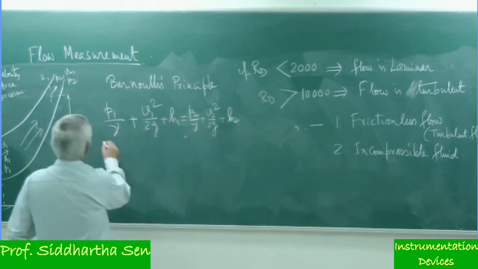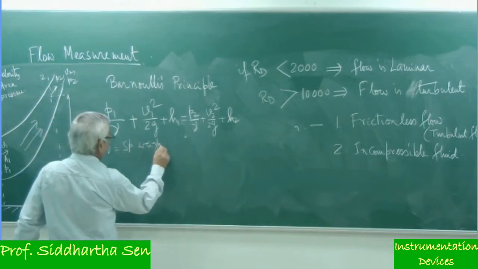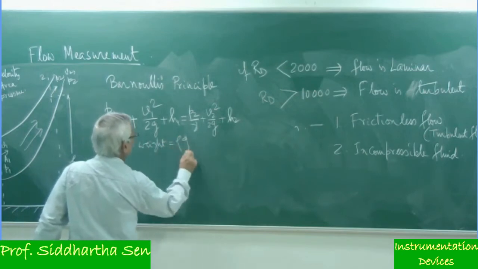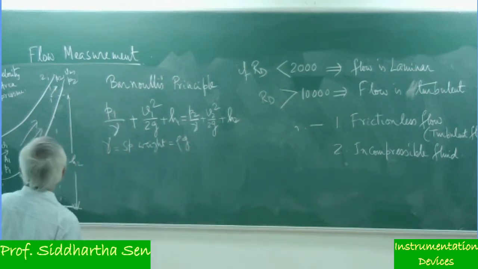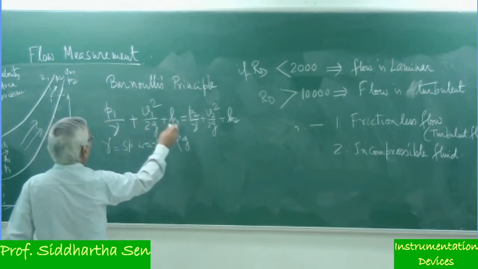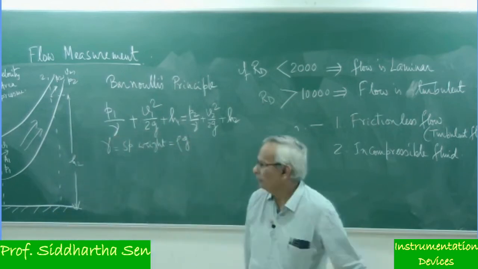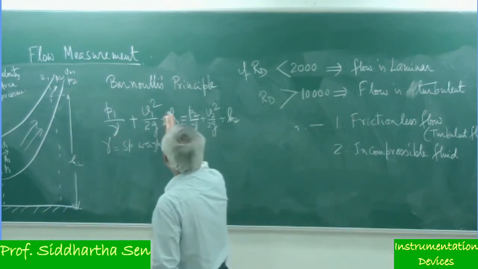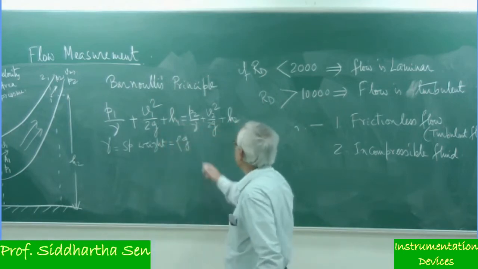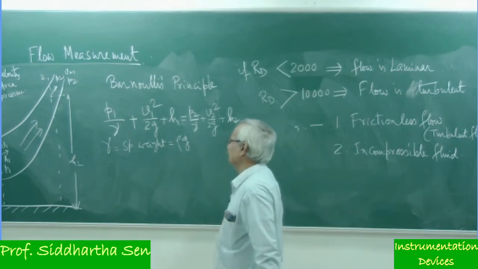What is gamma? Gamma is the specific weight, which is nothing but rho into G. This is an incompressible fluid, a liquid, so the density remains the same. P1 by gamma and H1 represent the potential energy, while V1 square by 2G represents the kinetic energy, and they are conserved if we neglect any friction.